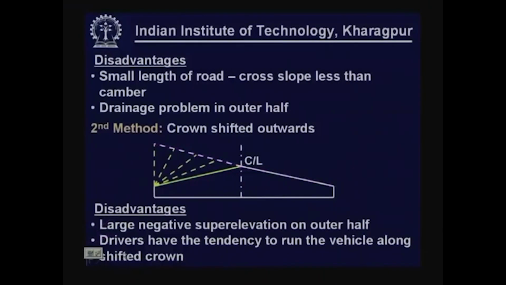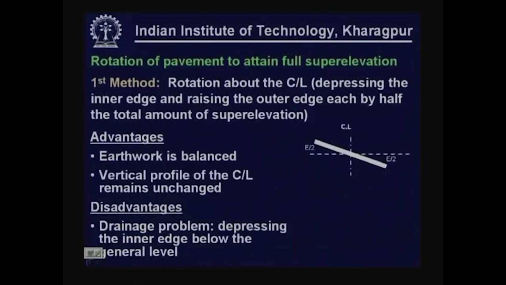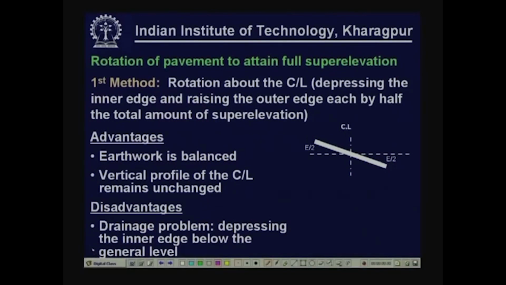Now, let us go to stage 2. So, now we have got uniform slope equal to camber. Now, that slope is to be further rotated to have the required amount of super elevation. Now, again there are two possible alternative methods. In method 1, rather there are three different methods.